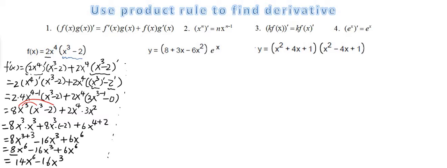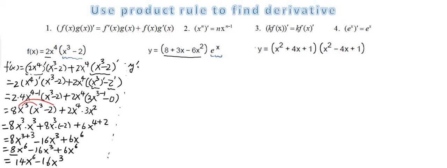For the second example, we can treat this polynomial as the first function, and we treat e to the power x as the second function. So we're going to follow the product rule.